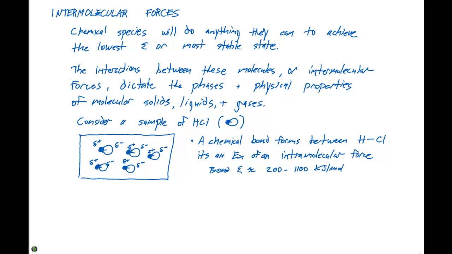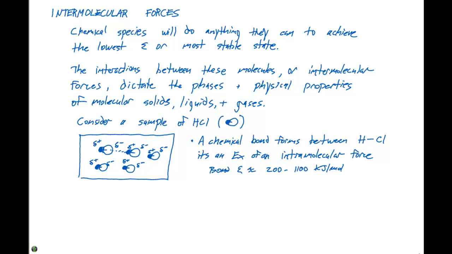And when this bond is formed, the electrons in this covalent bond are not equally shared. So I've indicated partial positive and partial negative charges here on this HCl. And the hydrogen is indicated by a colored sphere, where the chlorine are the larger open spheres. So what happens is that we have interactions now between the partial negative charge on the chlorine and the partial positive charge on the hydrogen.